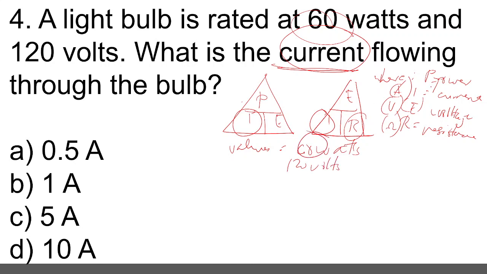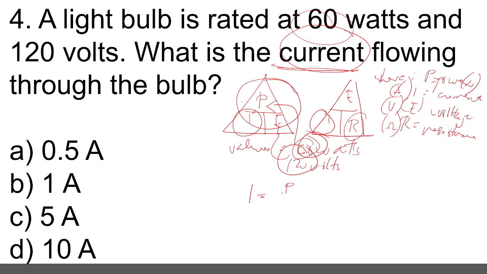Watts is considered as power, the rate of doing work, measured in watts or kilowatts. So within these values, 60 watts is presented as power and 120 volts is presented as voltage. Therefore, this satisfies the given values.